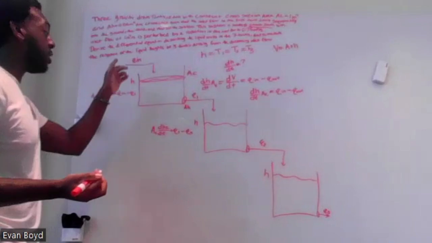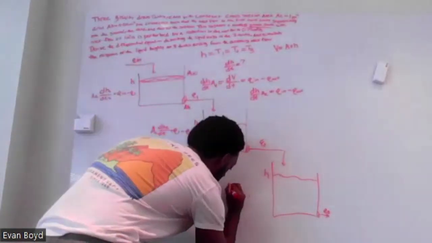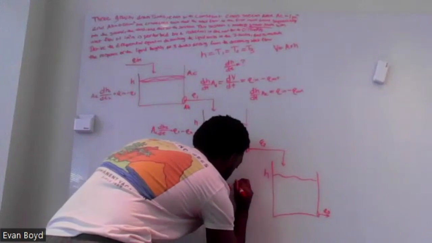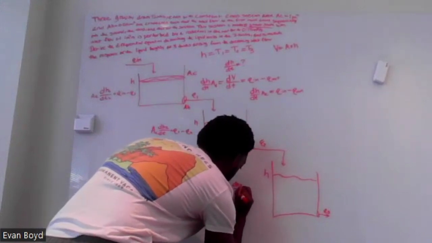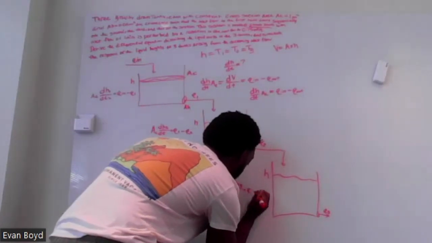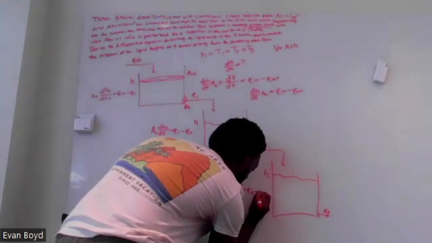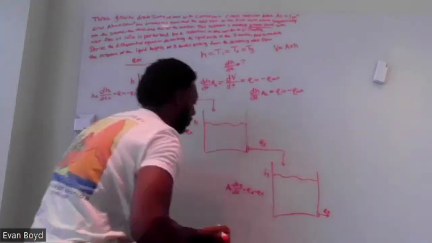And then in tank 3, same thing as tank 1 and tank 2: cross-sectional area times differential height in tank 3 divided by change in time is equal to the flow of the leaving liquid in tank 2 minus flow out of tank 3.